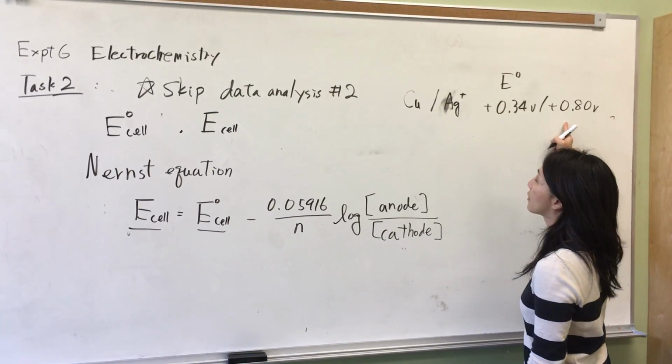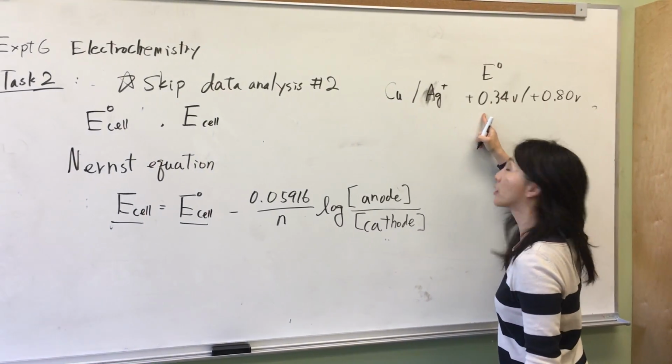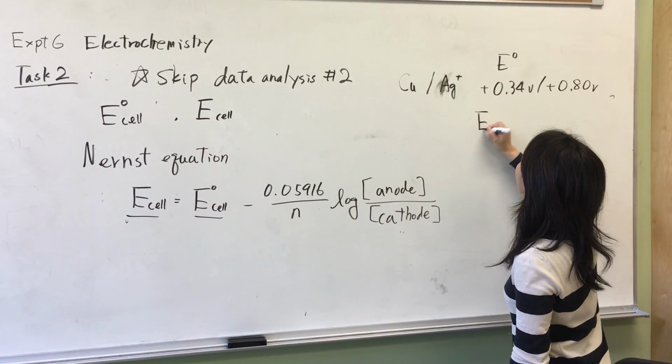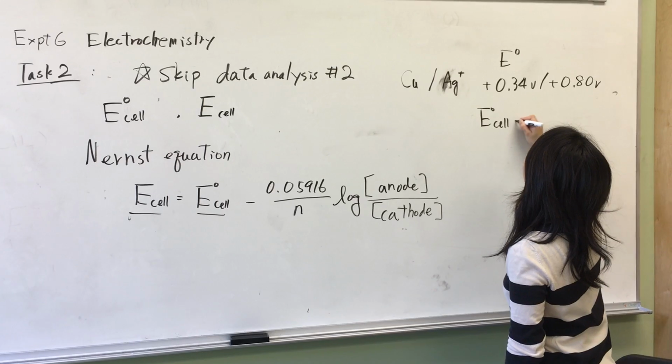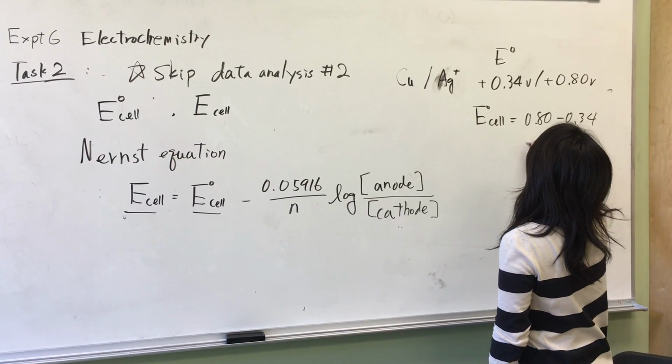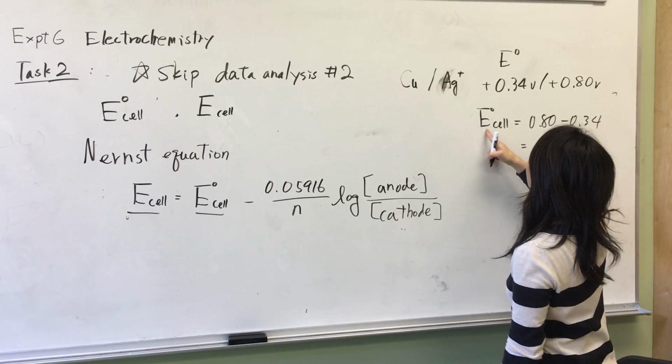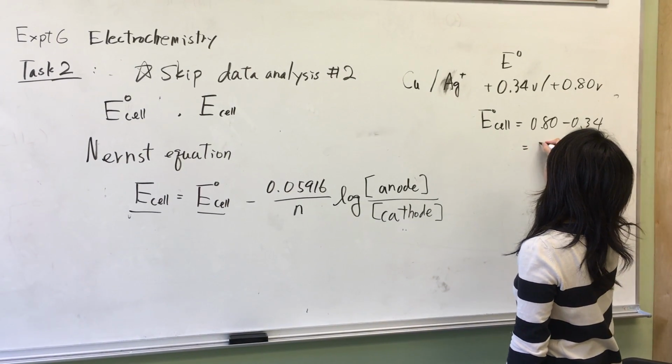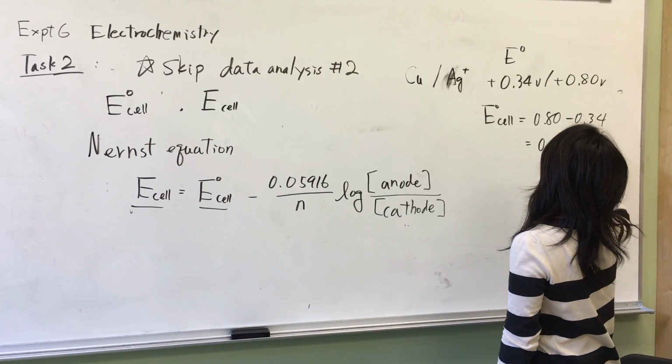Both of them are positive, but copper is lower than silver. So the E naught cell is gonna be 0.80 minus 0.34, so the E naught cell total is gonna be 0.46.